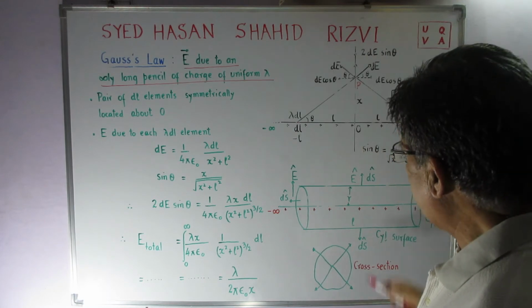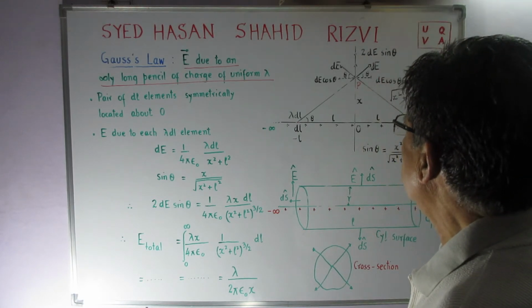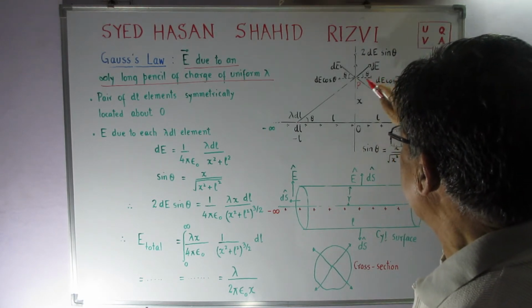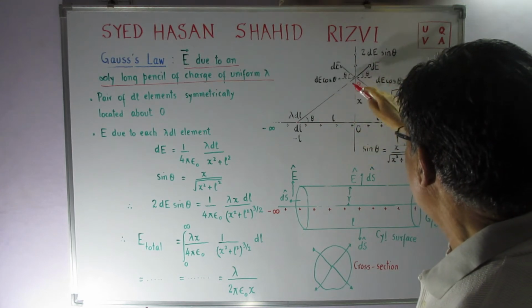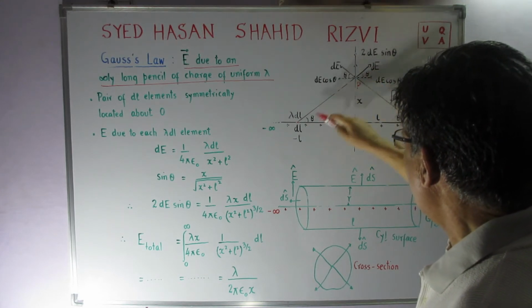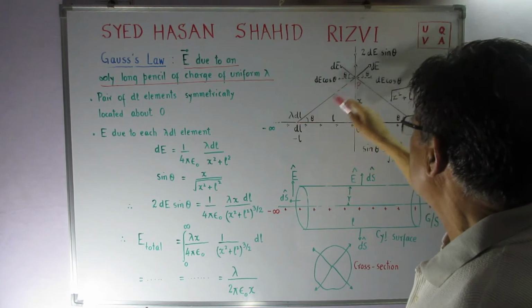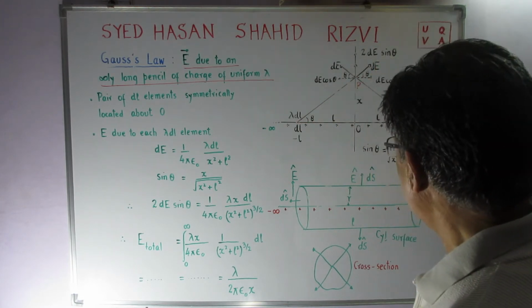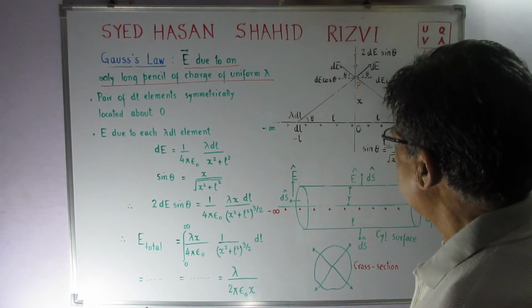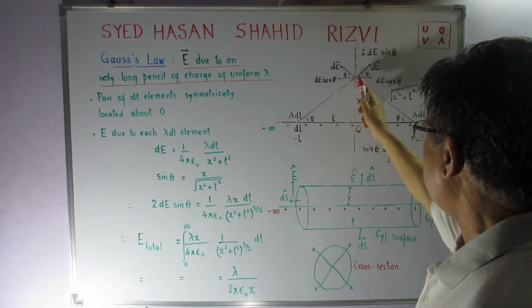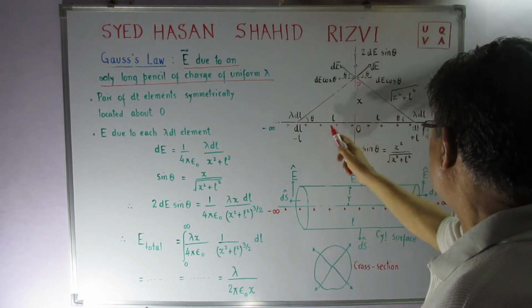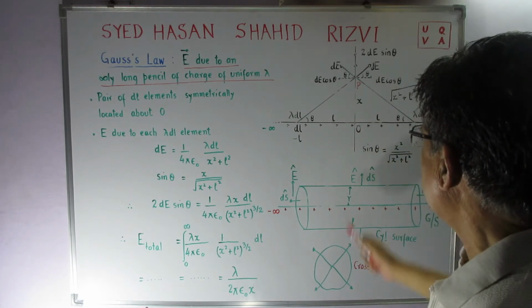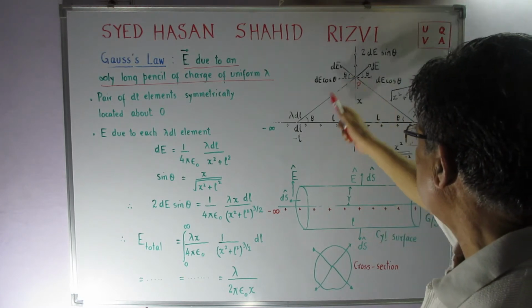Then I locate the electric field dE. This will be like this, because this is a positive charge, therefore it will be away from the positive charge, and this one also will be away from the positive charge. If I draw a line here parallel to this, then we find that this angle is theta, so this is theta and this is theta.